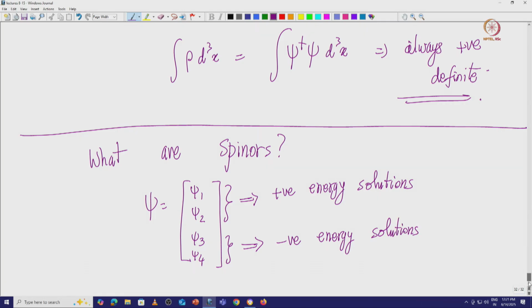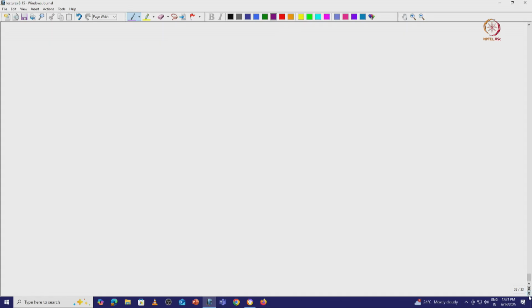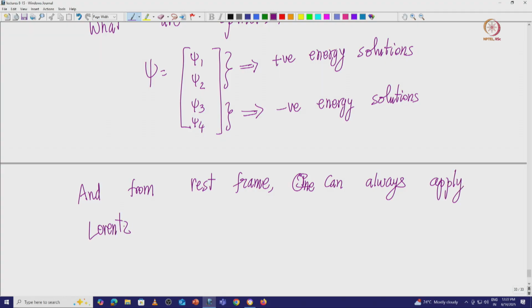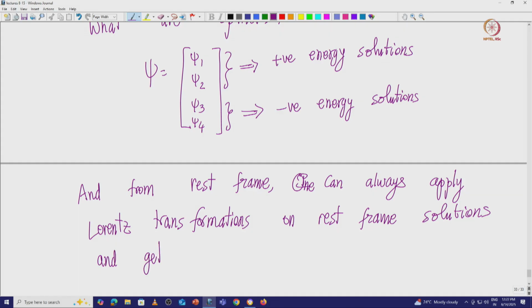Now, from the rest frame, one can always apply Lorentz transformations on rest frame solutions and get solutions at any moment.